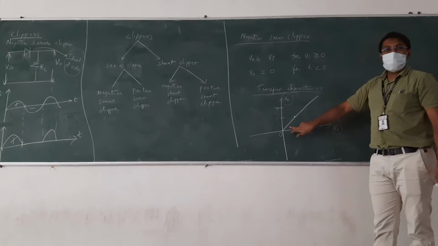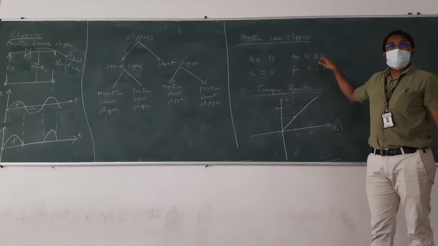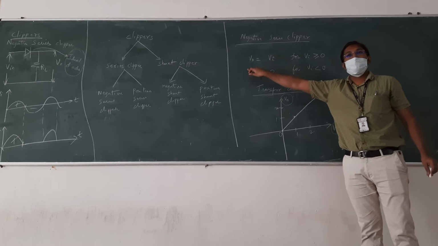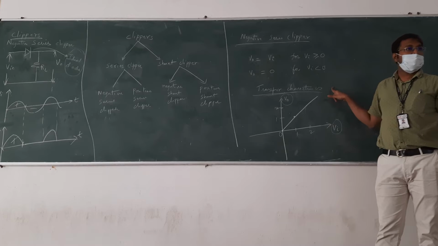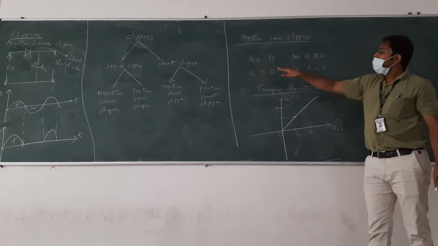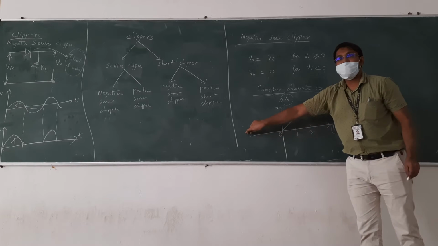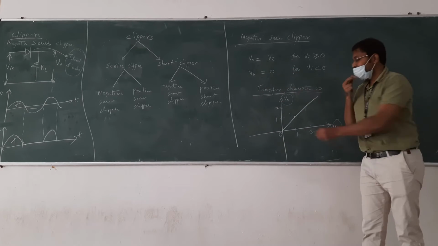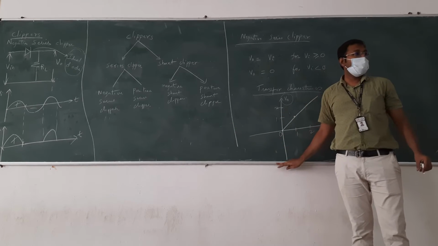So, for Vi greater than or equal to 0, V naught is Vi. This is in the form of y is equal to x, a straight line passing through origin. For Vi less than 0, meaning this axis, what is V naught? 0. So how will the graph be along this side?